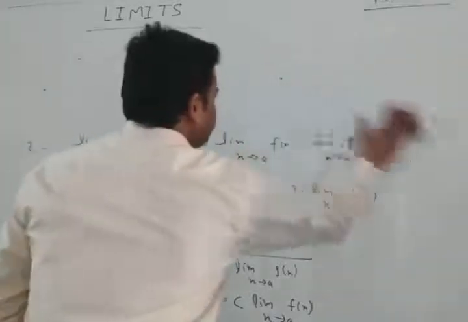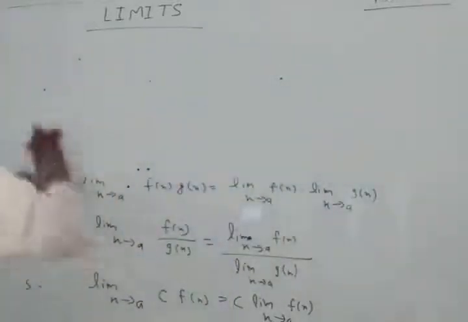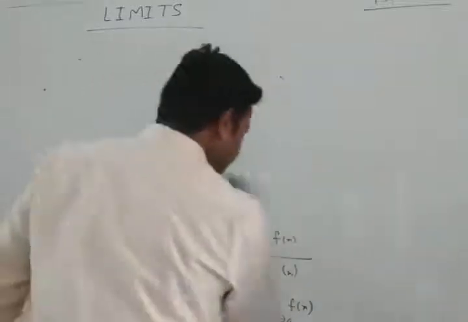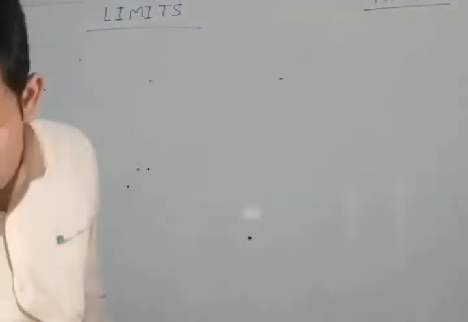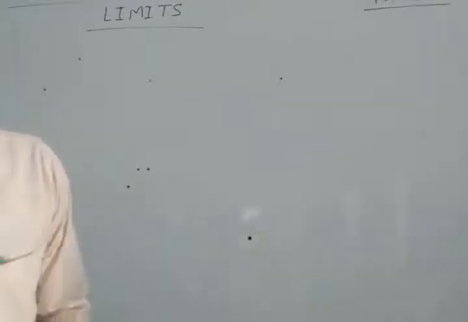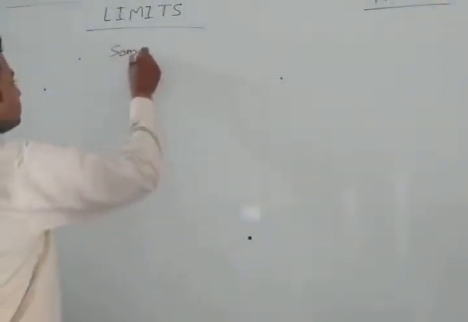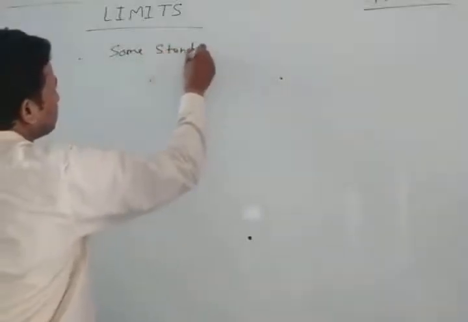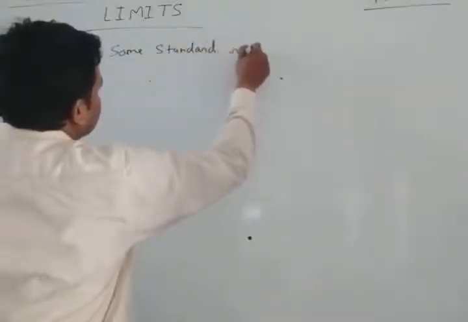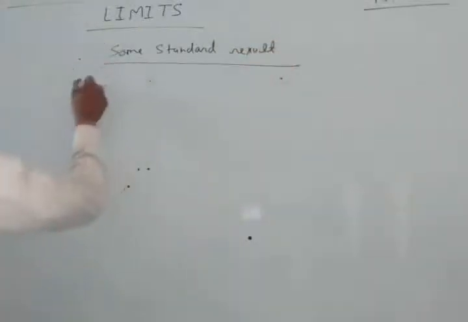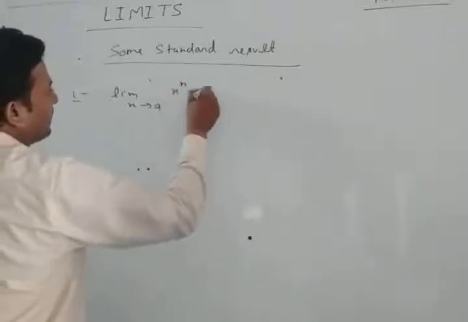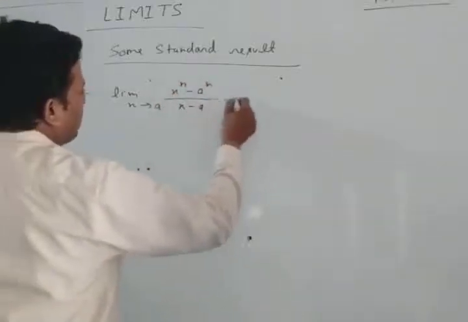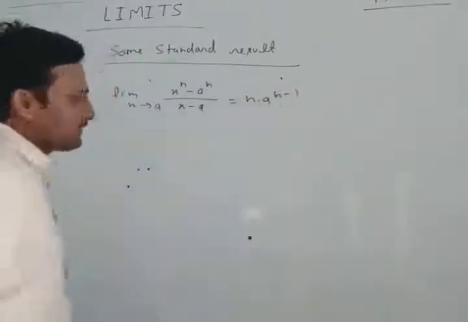So let's see some standard results. First is limit x tends to a, x to the power n minus a to the power n upon x minus a is equal to n a to the power n minus 1.